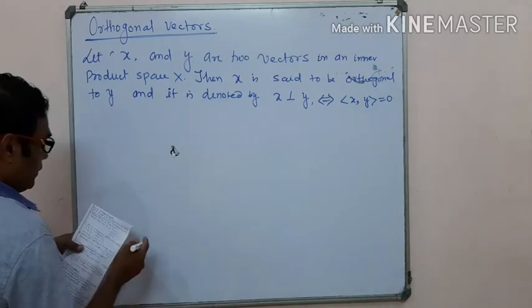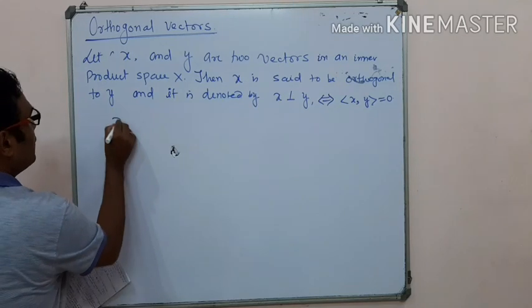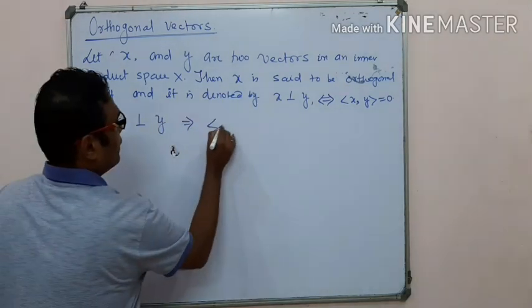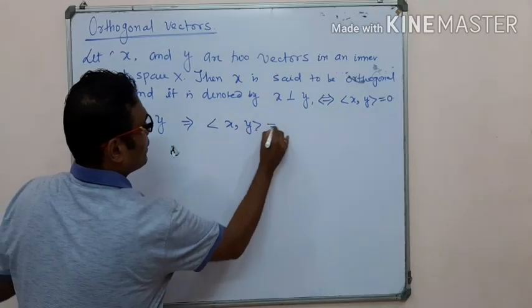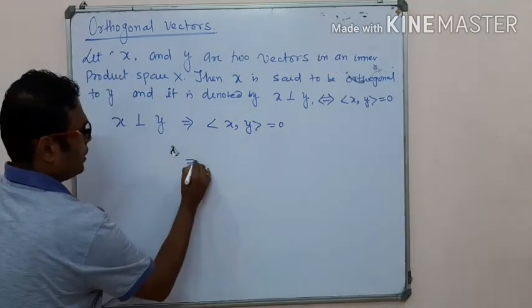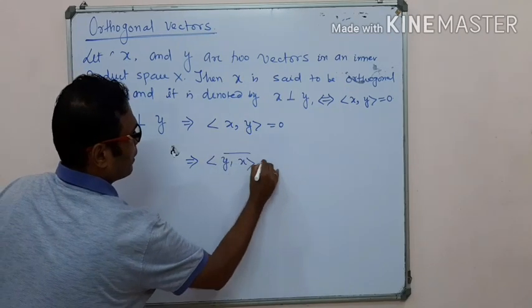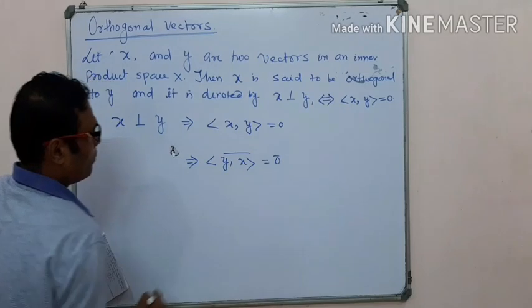Okay. Now we know that if x is perpendicular to y, it implies that the inner product of x comma y is equal to 0. Using the conjugate symmetry property, the conjugate of the inner product of y comma x is equal to 0 bar.